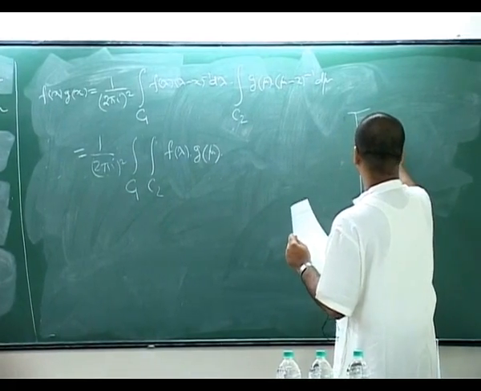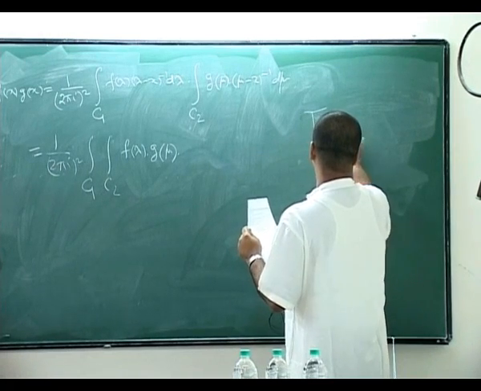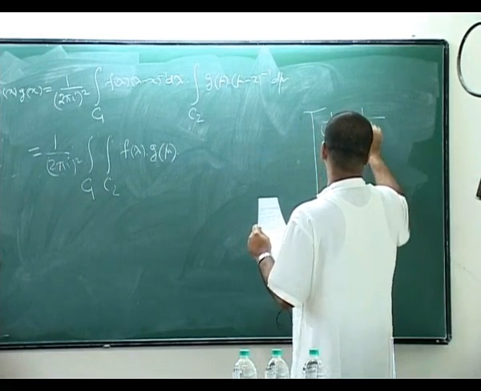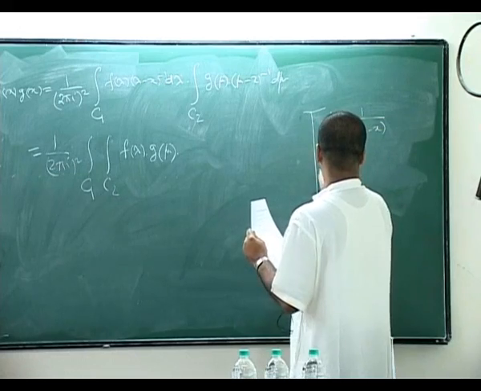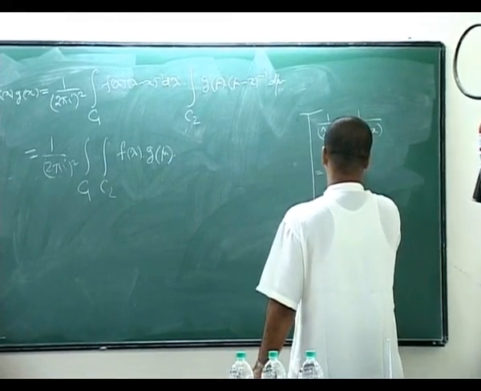So you write down lambda minus x inverse as like 1 by lambda minus x, and mu minus x inverse as like 1 by mu minus x.